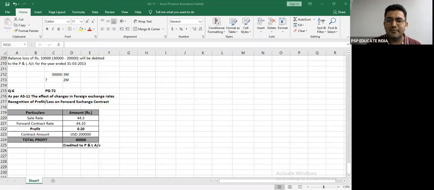It may increase, it may reduce. Now, I am not sure. I'm taking a chance. I'm taking a bet. This rate can go anywhere. Now, this kind of a transaction where there is no certainty and you're not sure what is the exact loss that will be there, what is the exact gain that will be there, this kind of a transaction is known as a speculation transaction. Is this absolutely clear to you, Akshay? Quickly on the chat box.